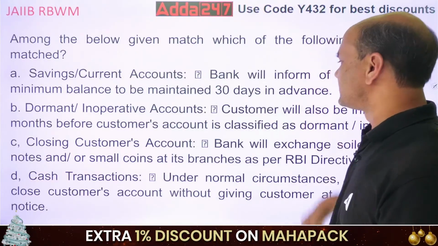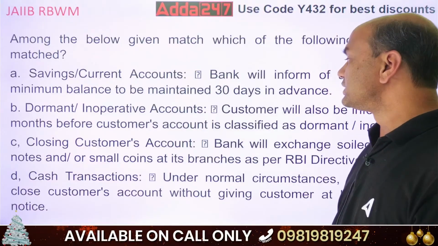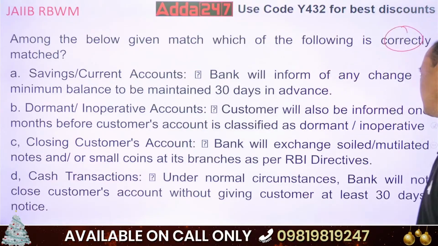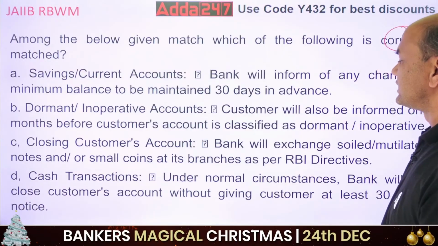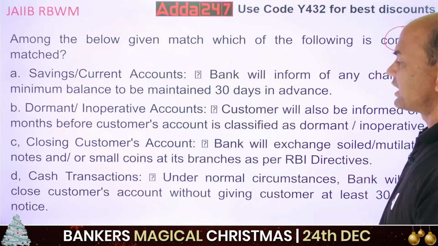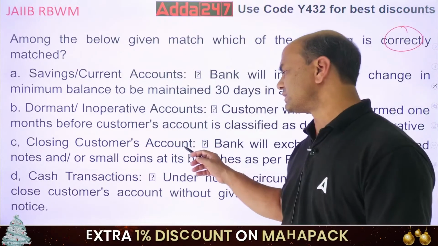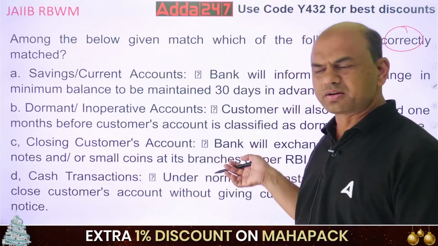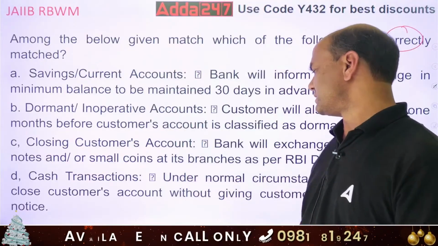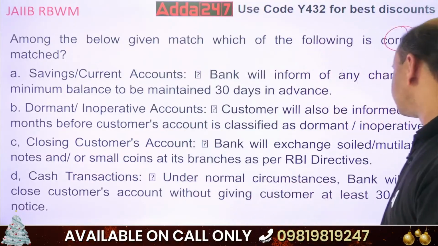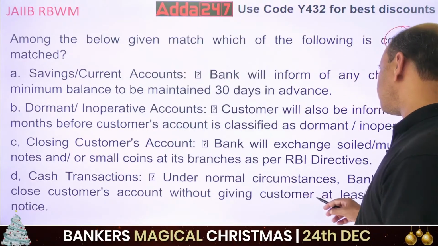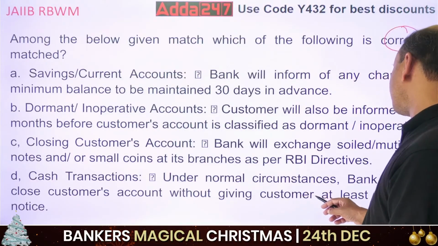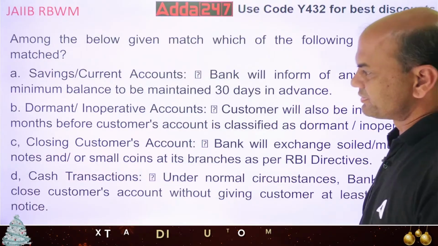You want correctly matched, no? Closing customer's account: bank will exchange soiled notes, mutilated notes or small coins at its branches as per RBI directives. See, closing customer's account and these two are totally different. Cash transactions: under normal circumstances, bank will not close customer's account without giving customer at least 30 days notice.